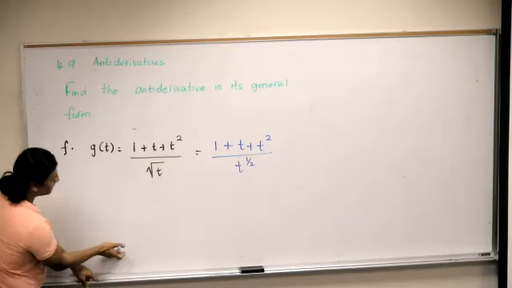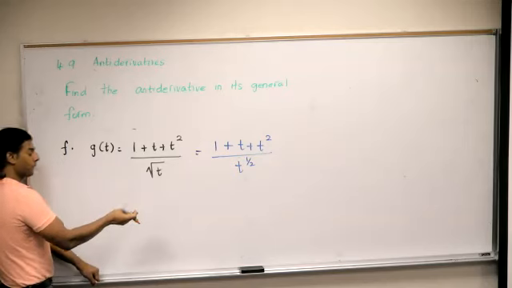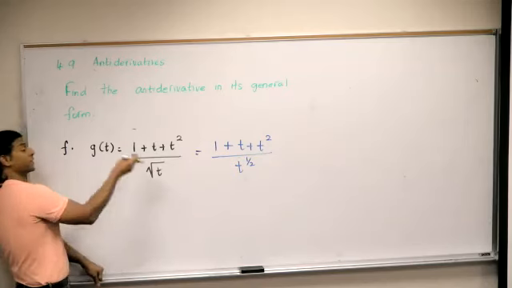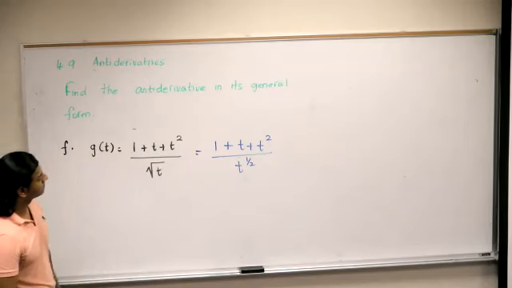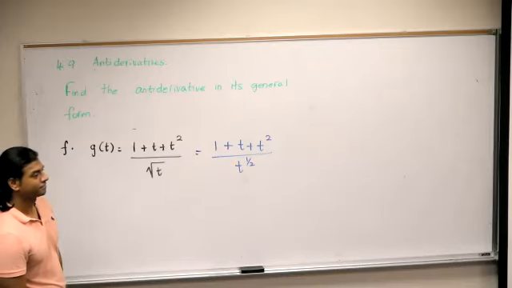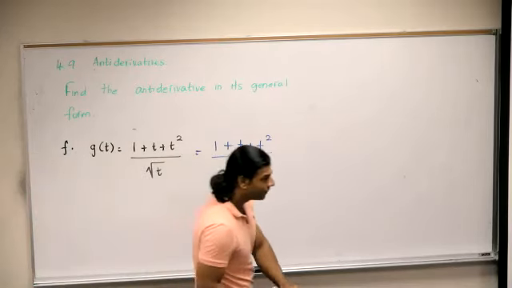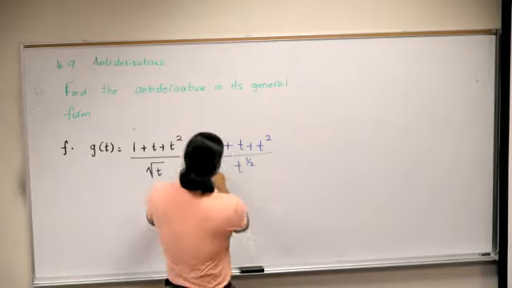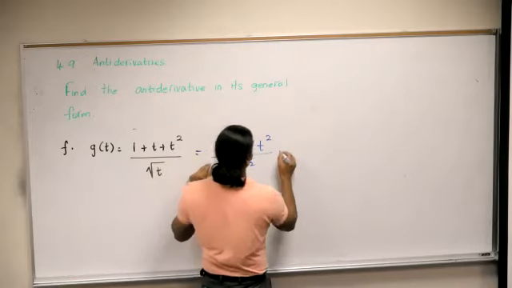We have to come up with the function. So when I take the derivative of that, you just add powers. Figure out what we can do with each of those, and divide each by t raised to 1/2.